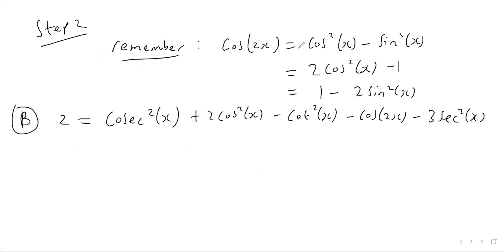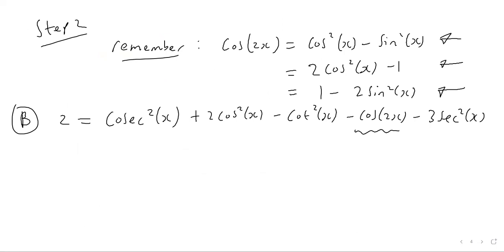So that was our equation. We're going to eliminate this cos 2x here. We're going to use either this identity or this one, and we've got to pick which one would be suitable in this case to cancel terms out.